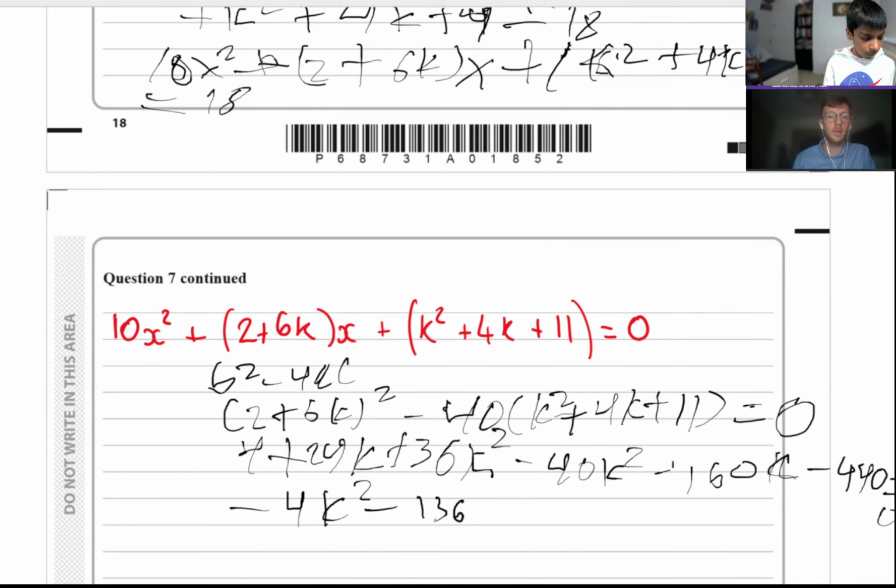And 4 minus 440 is negative 436. Minus 136k, remember?